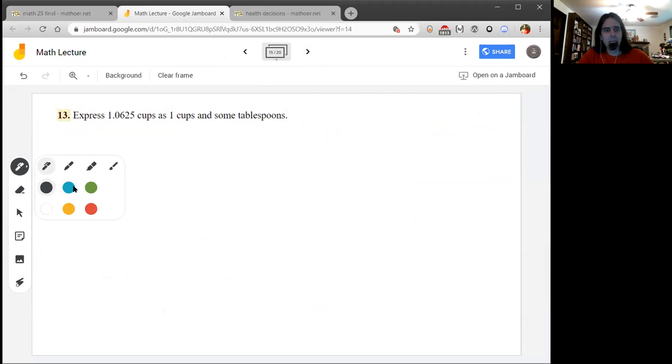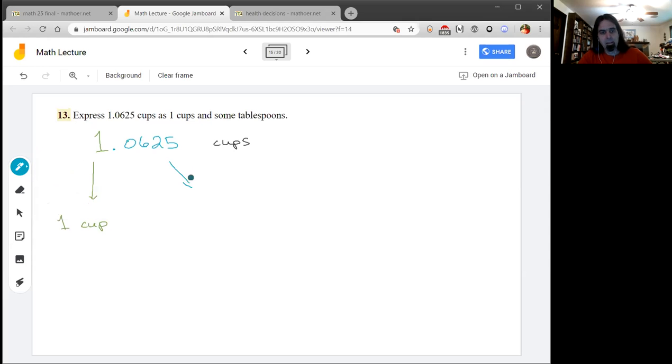So we have 1.0625 as cups. The 1 is just going to stay 1 cup. But what we're looking for is that one we're going to change into tablespoons.